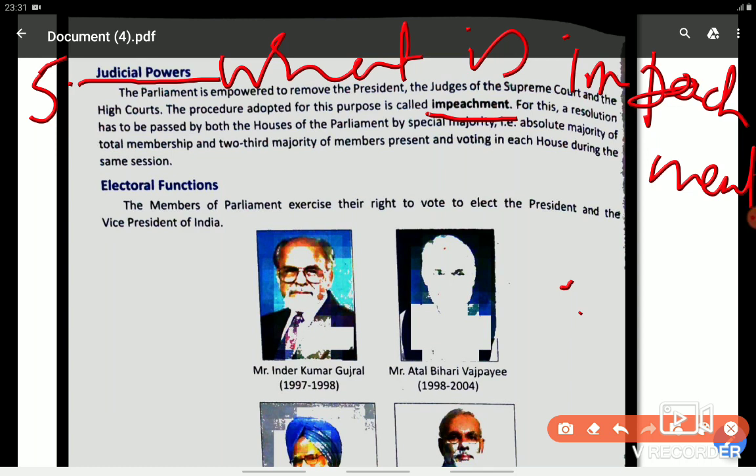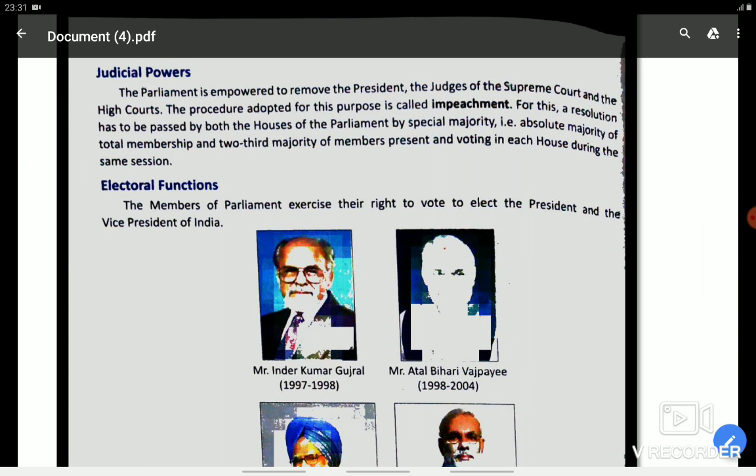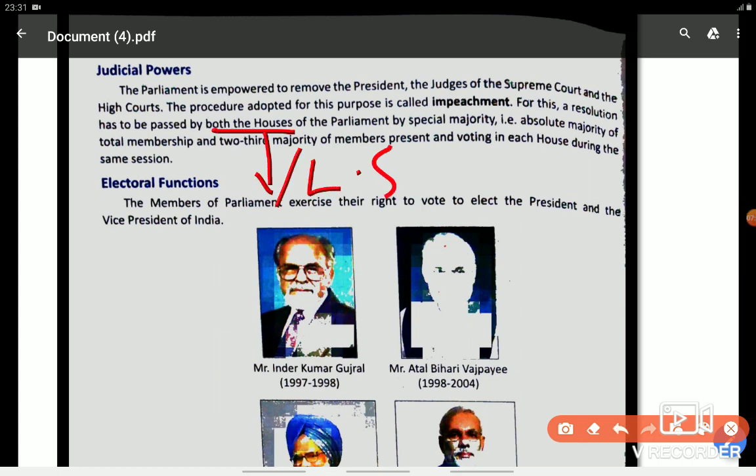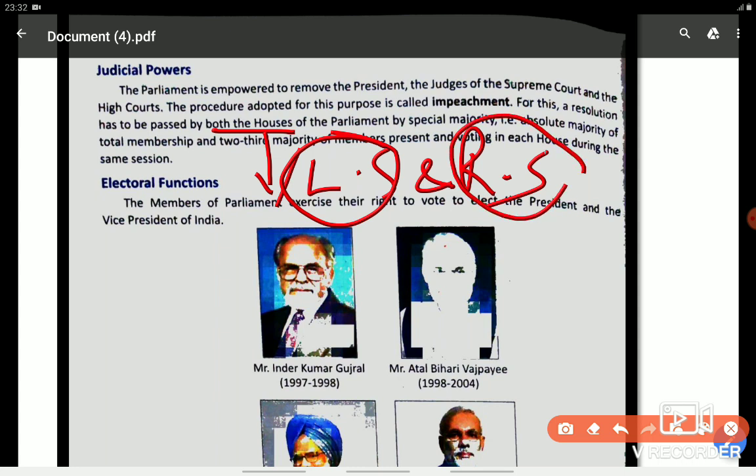For this, a resolution has to be passed by both houses of the parliament. Which are these both houses? Lok Sabha and Rajya Sabha. A resolution has to be passed by Lok Sabha and also by Rajya Sabha by special majority.